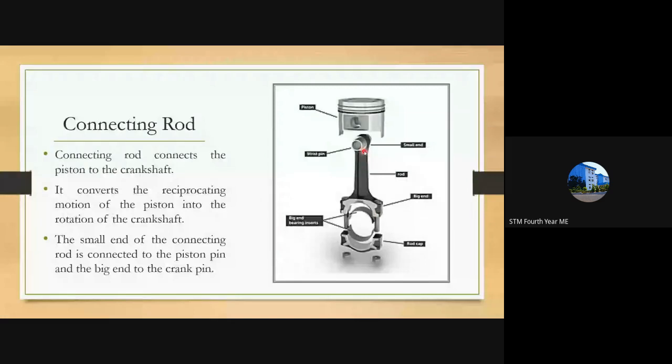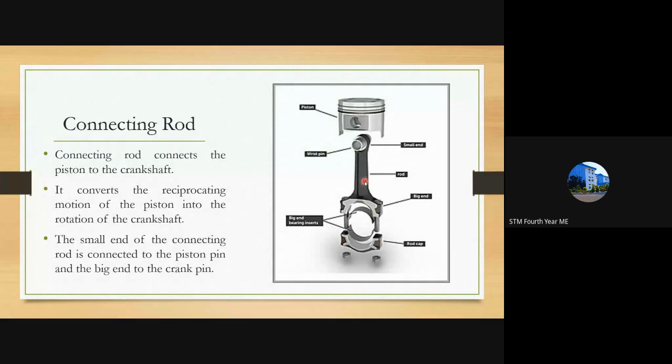Even in pistons, even in cranks, there are bearings. So many bearings are provided, and bearings should be replaced so as not to damage the machine component. Once the machine component gets damaged, we have to replace the machine component, as it will not have sufficient strength compared to the previous state.